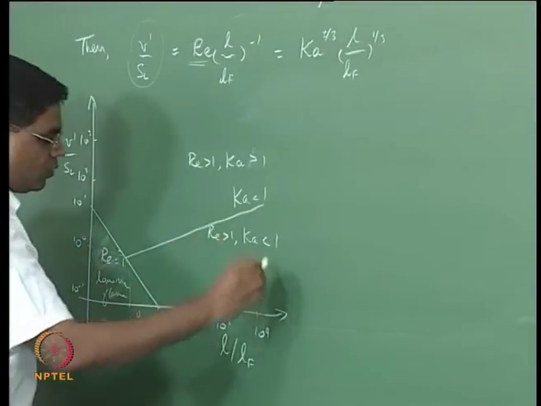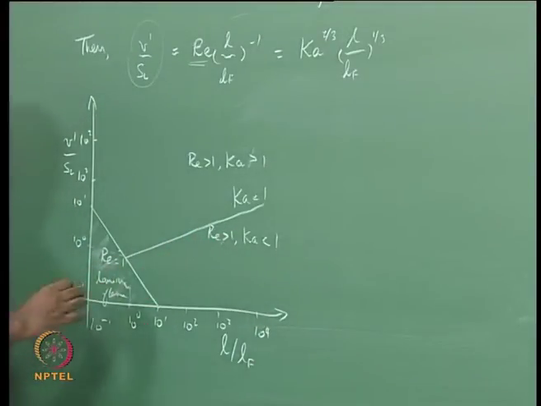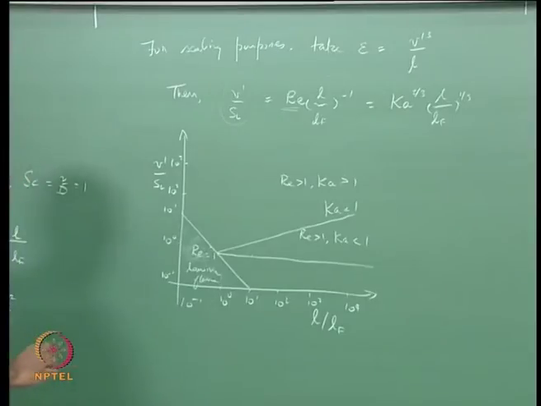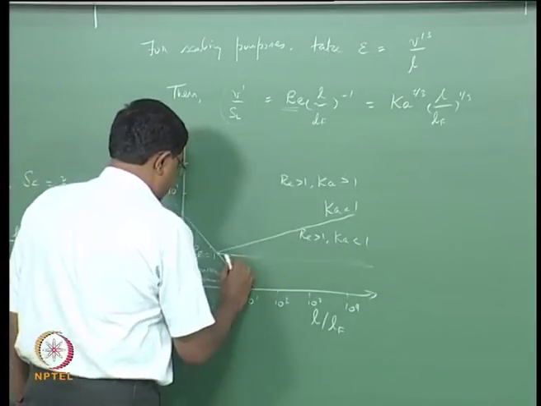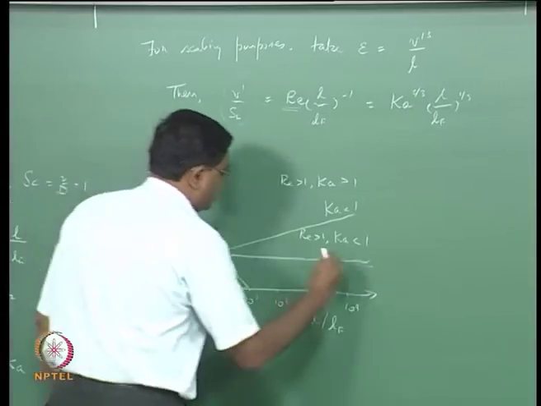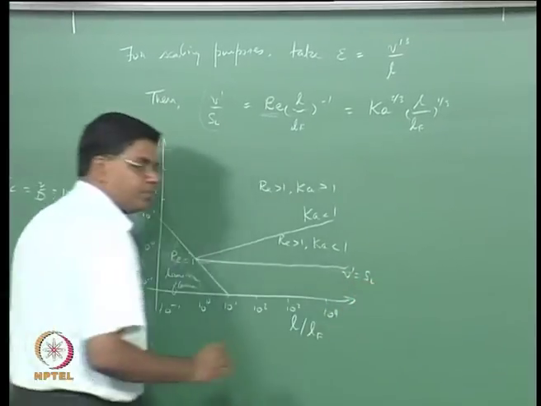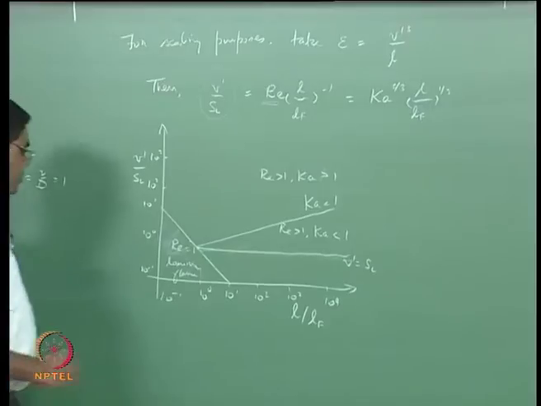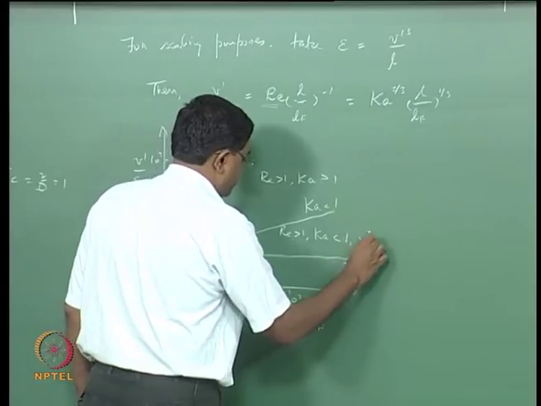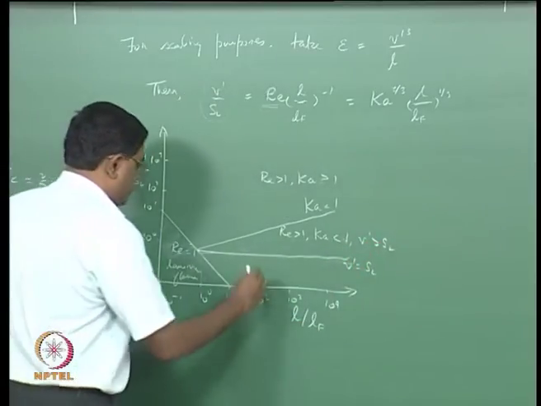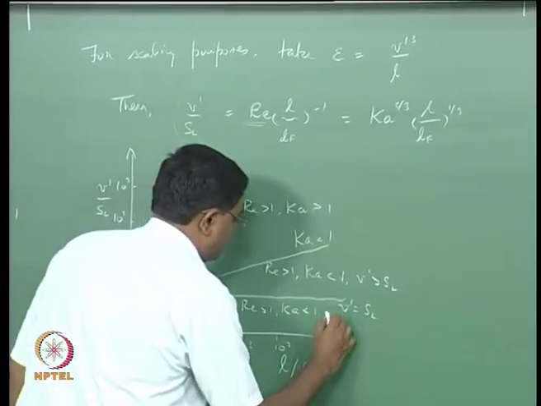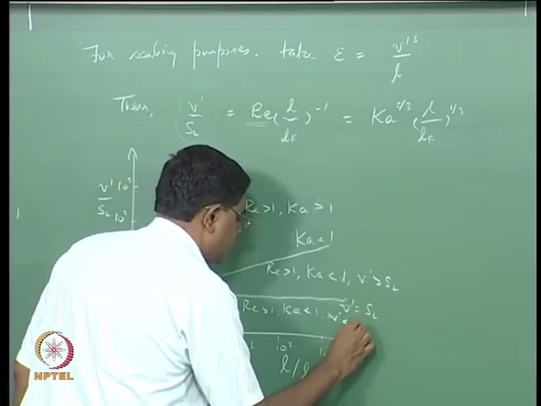Within this regime we now want to further differentiate, using a continuous horizontal line corresponding to V prime over SL equal to 1. That means V prime equals SL. So this is a regime where Re is greater than 1, Ka less than 1, and V prime greater than SL. This is a regime where Re is greater than 1, Ka less than 1, and V prime is also less than SL.